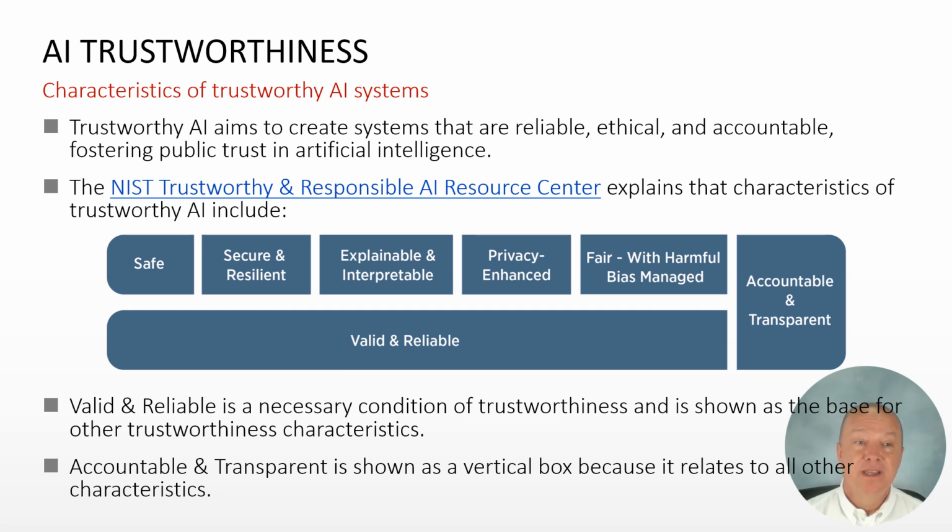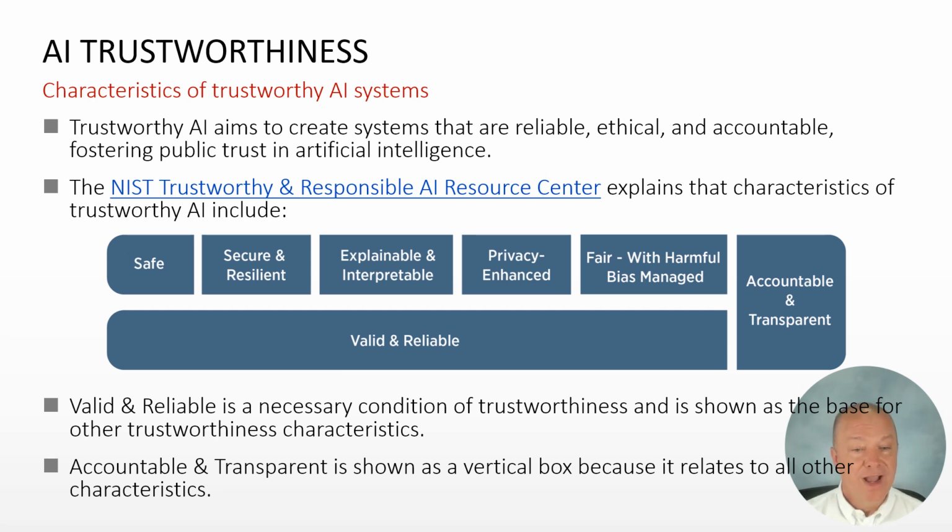The NIST Trustworthy and Responsible AI Resource Center explains that characteristics of trustworthy AI include that it is safe, secure, and resilient, explainable and interpretable, privacy enhanced, and fair with harmful bias being managed. It has all of these characteristics, which are then tested and validated to be reliable, so that we can achieve overall accountability and transparency.